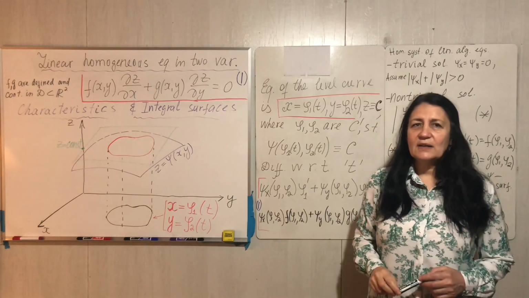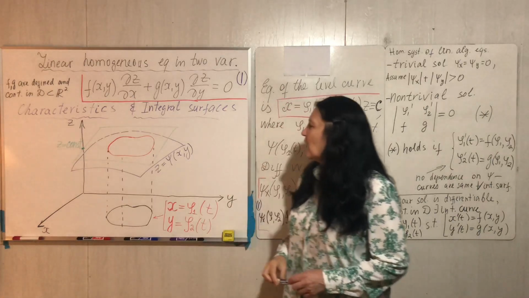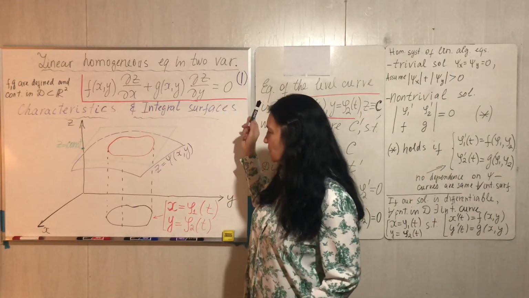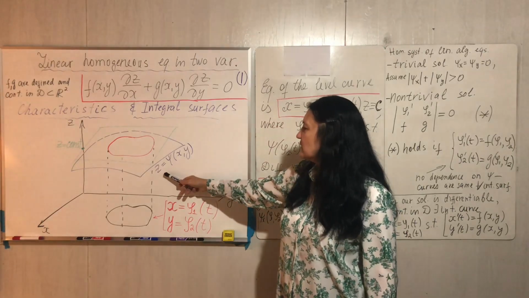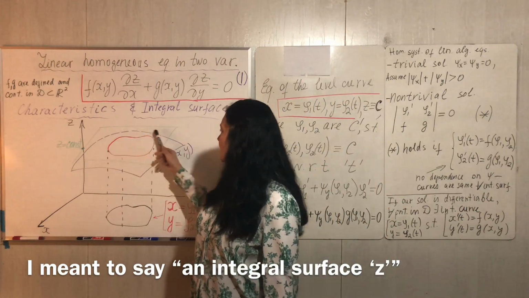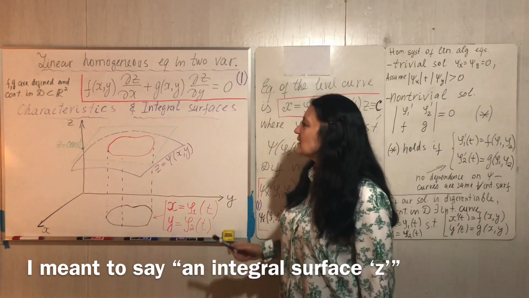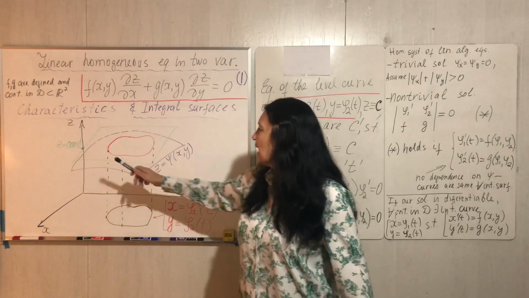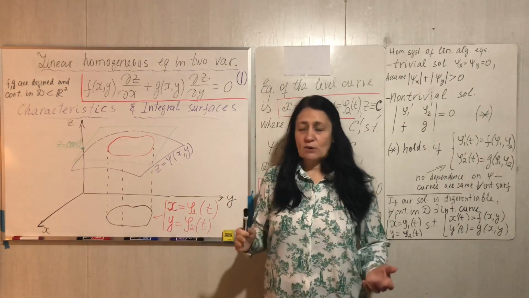So here I just drew again our surface. Suppose that we have this equation, right? And we found its solution, an integral surface z equals psi of x, y. This is our surface. Then we take a plane z equals constant and find the intersection of the plane and the surface.